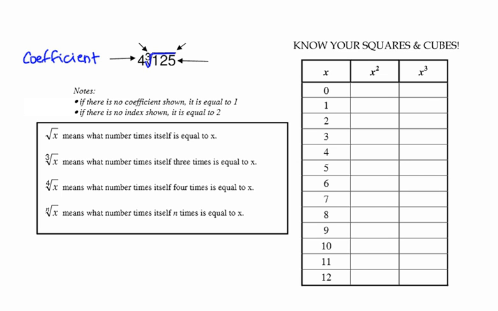This line here is the radical symbol. The house, I guess they call it sometimes. The number underneath the radical symbol is called the radicand.